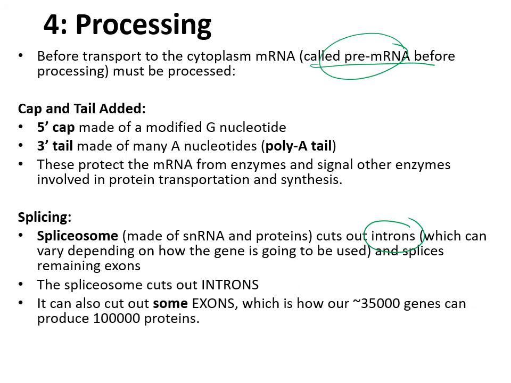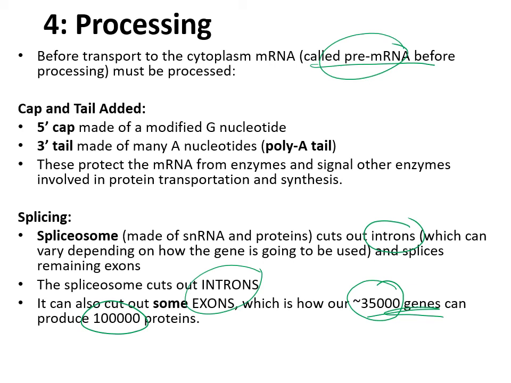It cuts out introns, sometimes some exons, and again, you can have a lower number of genes producing a higher number of proteins, as we do with humans, because a gene can be used more than once depending on how you treat the introns and the exons.